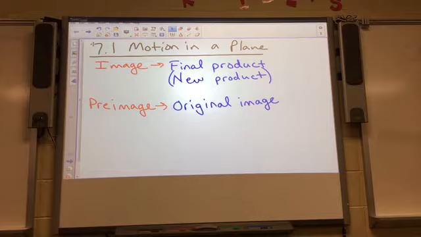Which makes sense, right? It's pre. It comes first. If you're taking a pre-test, that would come from before your test. It's a pre-test.